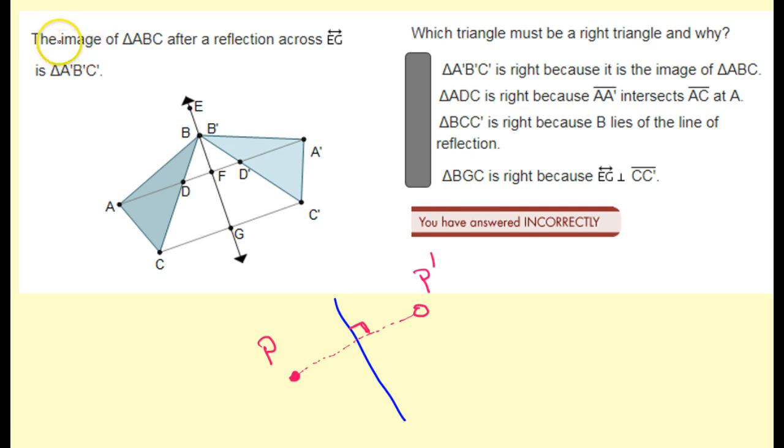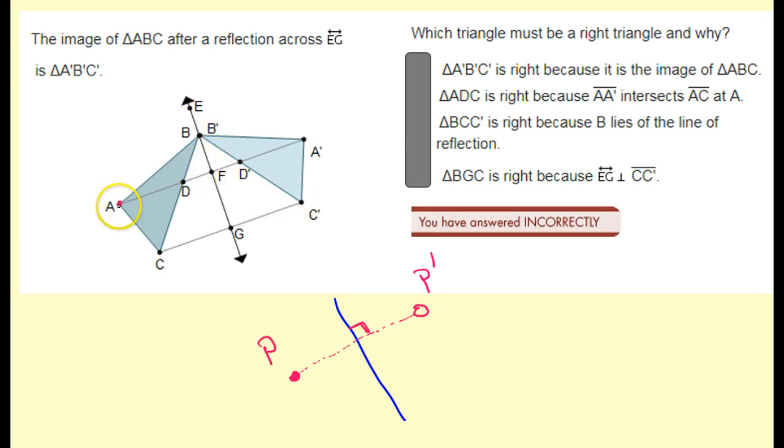So anyway, we have the image of triangle ABC after reflecting over the line EG. Okay, so we have the pre-image and the image. So all of these line segments are going to be perpendicular to the reflecting line.